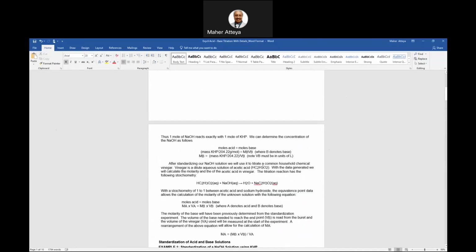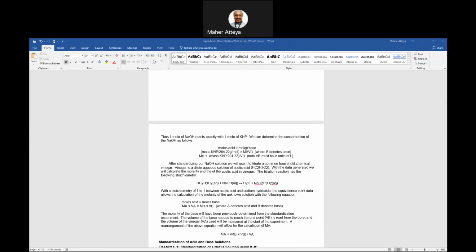So first of all, you know the grams. Suppose you put 0.3 grams of your KHP. The molar mass of it, you know, correct? 204. This is the molar mass of KHP.